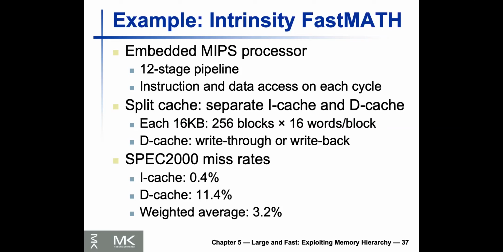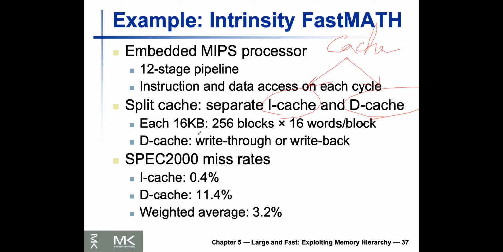All right. So the cache was split into an instruction I cache and a D cache. Many architectures split between the data cache and the instruction cache. D cache contains the data, and I cache contains the instructions. All right.